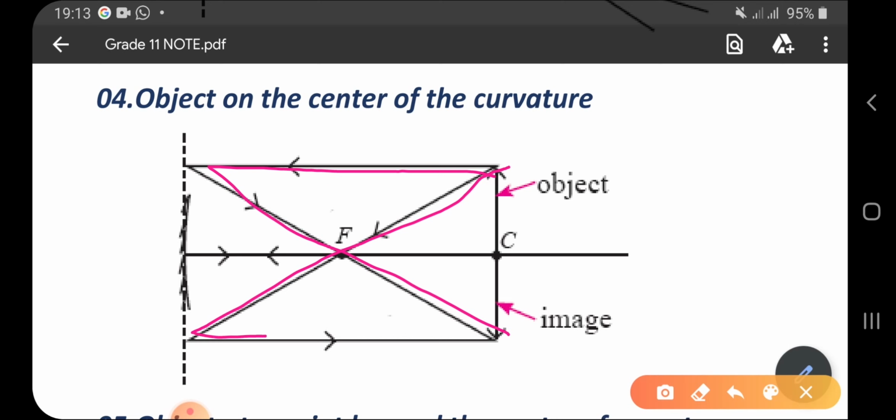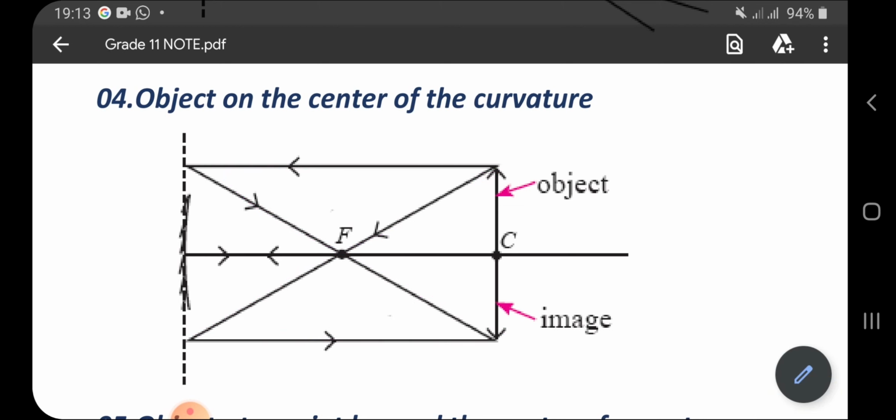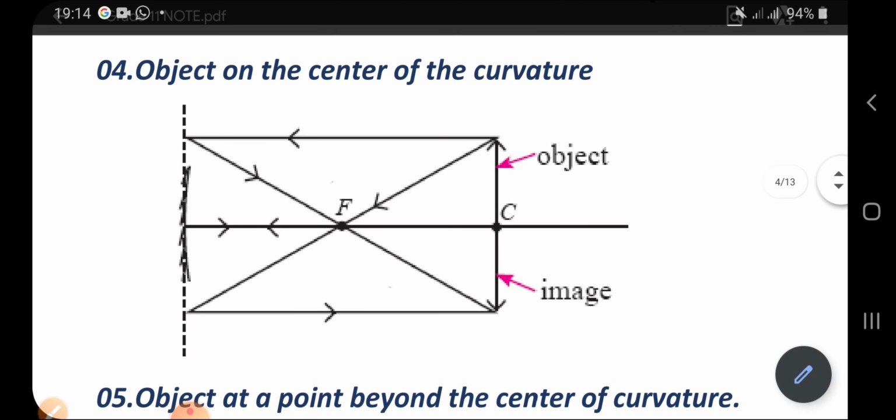At last the image will be formed on the same position as that of the object. If you compare the object and the image, you can see the height of the object and the height of the image will be similar, so there will be no enlargement or diminishment. And also the image is upside down, meaning that the image is inverted, so this will be an inverted real image.